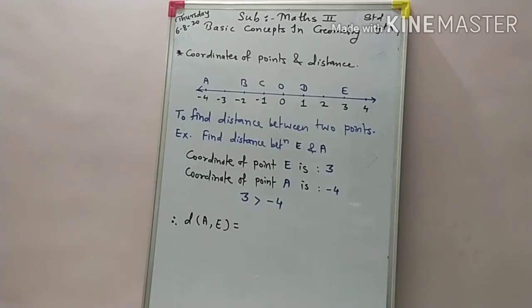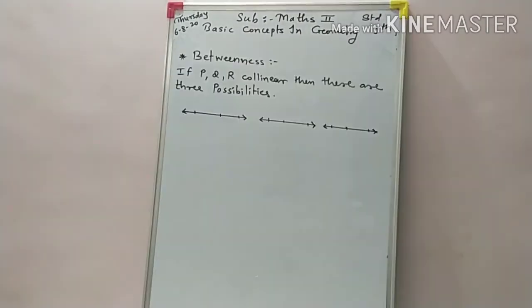So do that subtraction and give me the answer, students. Is it correct? 3 is greater than -4, and hence we write 3 minus (-4). According to the rule of minus into minus, we get what? Plus. So 3 plus 4 is what? 7. Means the distance between points A and E is what? 7 units. Okay. Next topic is betweenness.